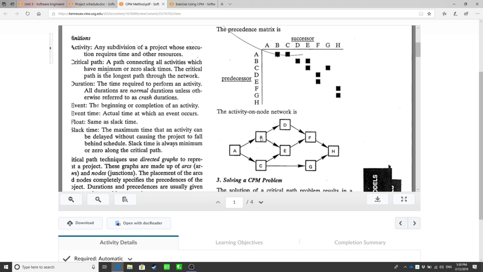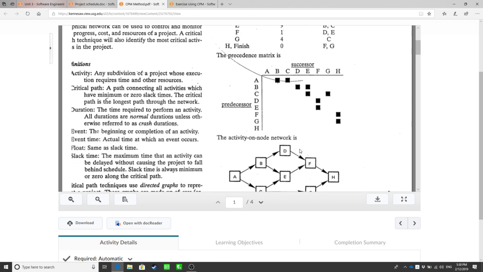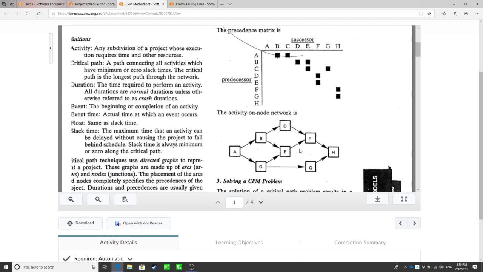It shows that B has the predecessor A, and E has two predecessors, which are B and C. So all of them tell you the relations between all those activities. But do you think this activity on node network is more clear? Right?